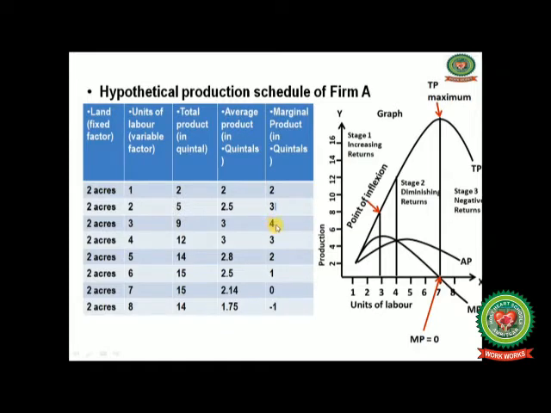So this 4 is our additional production with one more unit of the variable factor. So in this way we can calculate the total product. From the total product we can calculate the average product and marginal product. So in the table you can see, as the units of laborers increase, total product first increases, but later on it starts decreasing because of overstaffing.